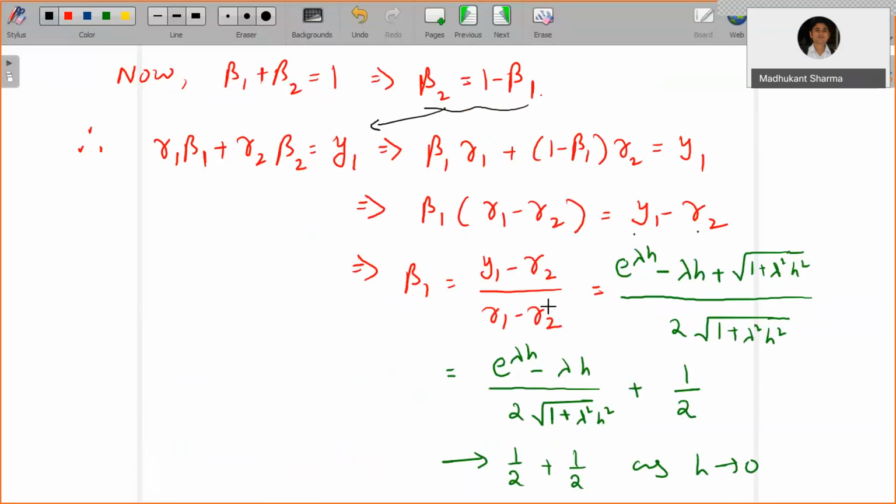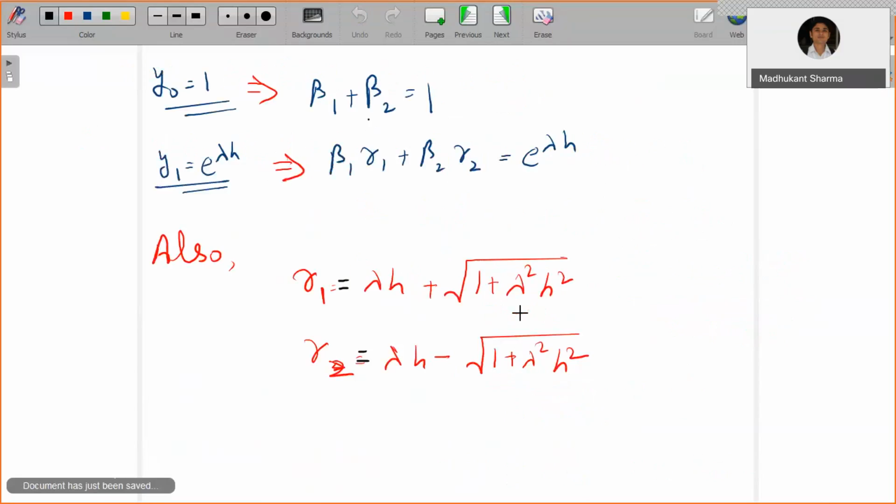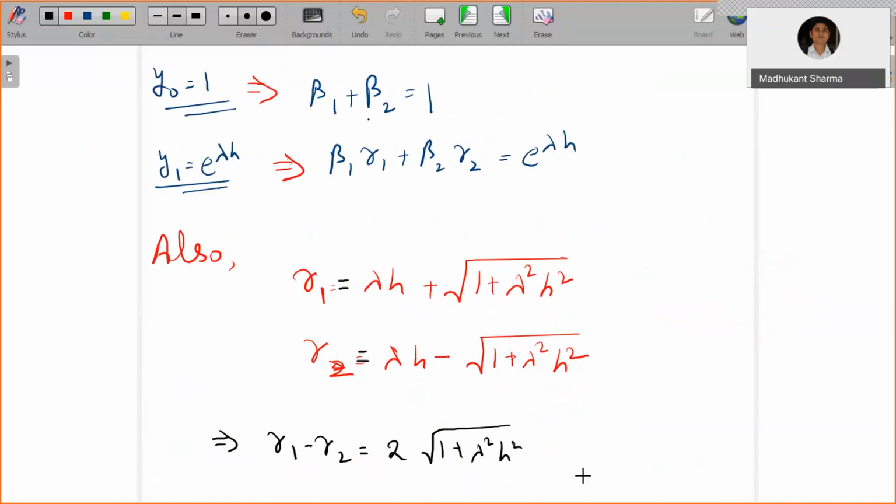Now look at the definition of r1 and r2. So r1 minus r2 will give you the difference: the lambda h will get cancelled, and you will get 2 times the square root of 1 plus lambda square h square. What is the r1 value?